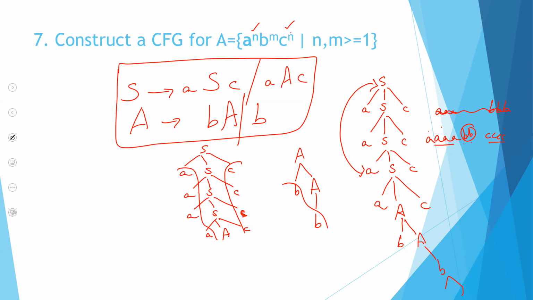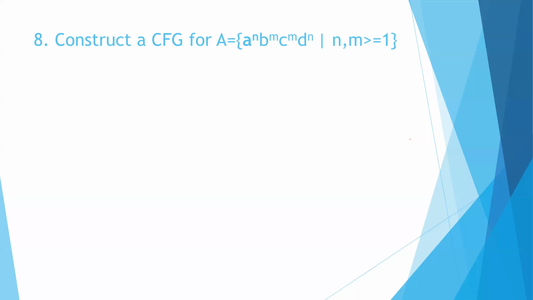A raised to N, B raised to M, C raised to M, D raised to N. Okay, so something like this. The number of A's and B's should be equal. The number of B's and the number of C's should be equal.